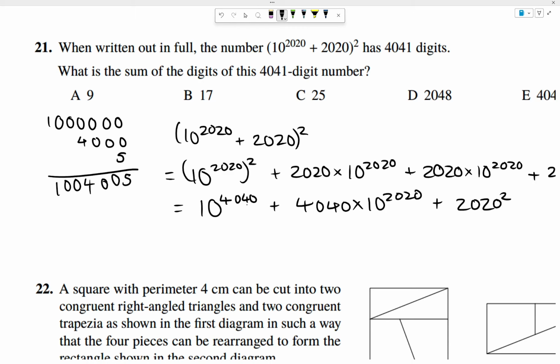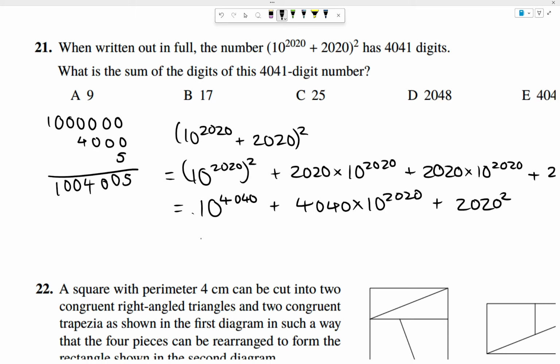And if we look at the numbers we've got here, we've got this 10 to the power of 4,040, which is the number which is 1 followed by 4,040 zeros. And we know that both of the other numbers in this sum aren't going to contribute anything to that 4,041st digit.